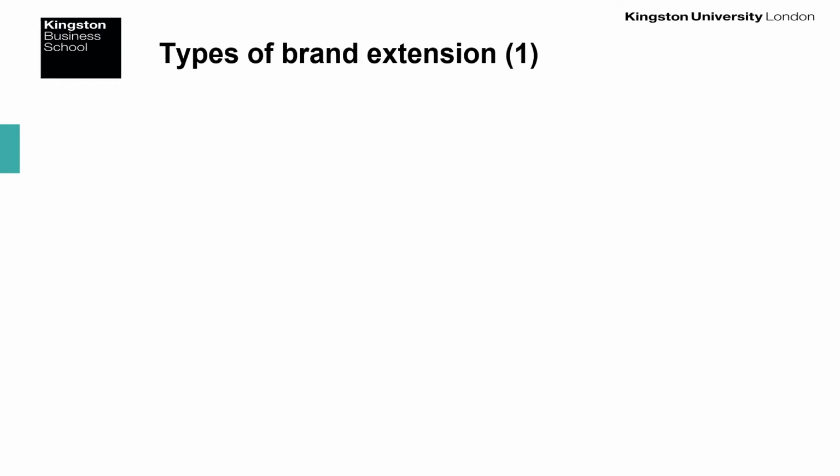Okay, so we've looked at the various strategies of introducing new products, whether we create a new brand from scratch or use some sort of brand extension. Let's now just stay on the topic of brand extension, because there are actually different types of brand extension, and it's important that you know and understand the differences between them.